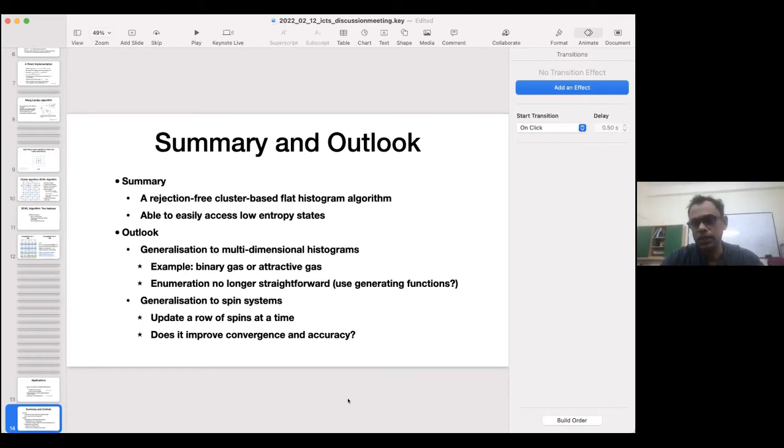So I said that if I remove one of the conditions, either cluster moves or biasness, when you run with those algorithms, there's some criterion by which you realize that the correct g of E is reached. So the histogram should be flat. It is not able to make the histogram flat within certain time. So if I fix certain Monte Carlo steps, it should find the correct density of states. It cannot do it. If I of course make it infinite time, it will.